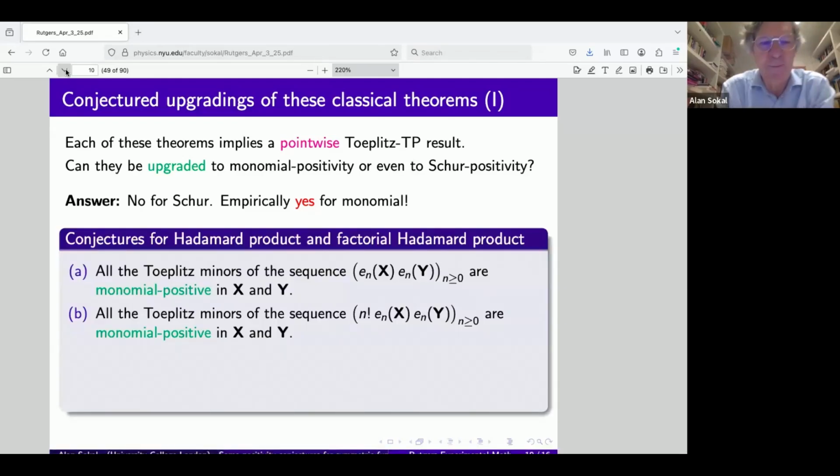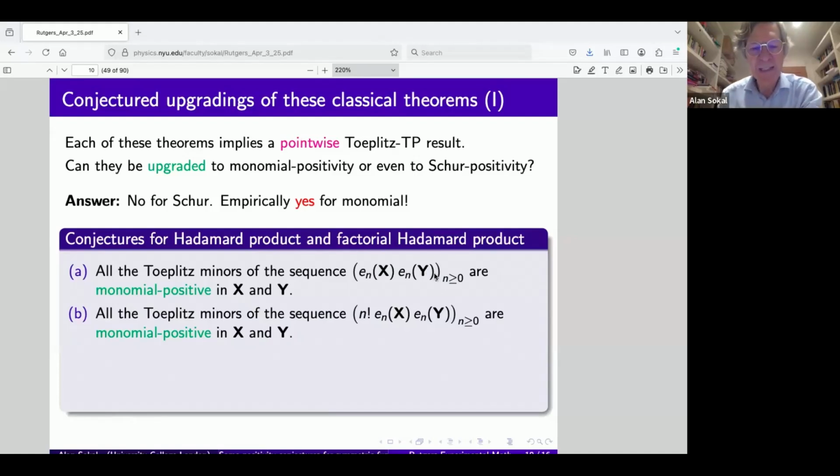So let me give you an example. Consider Hadamard product and factorial Hadamard product. So take elementary symmetric functions of an infinite set of variables x, and also elementary symmetric functions of an infinite number of variables y. You can think of those as the coefficients of two negative real-rooted polynomials, f and g, and form the Hadamard product of the sequences. That's like forming the Hadamard product of the two polynomials.